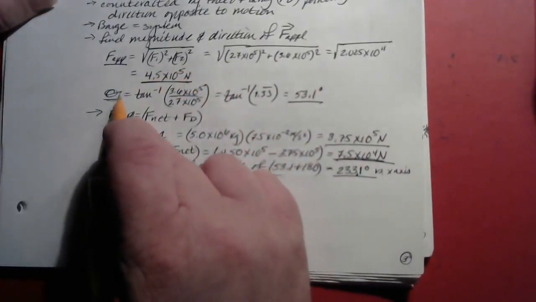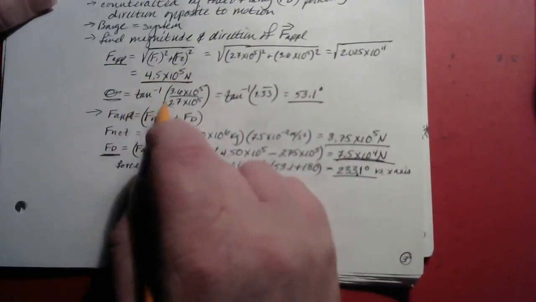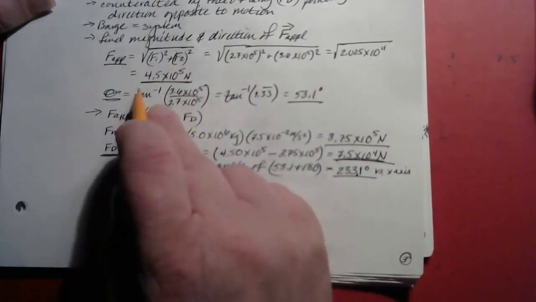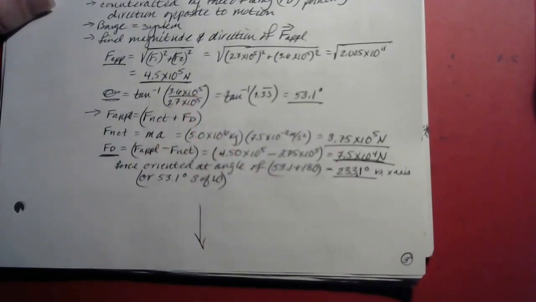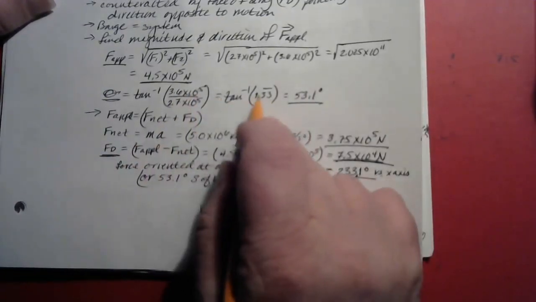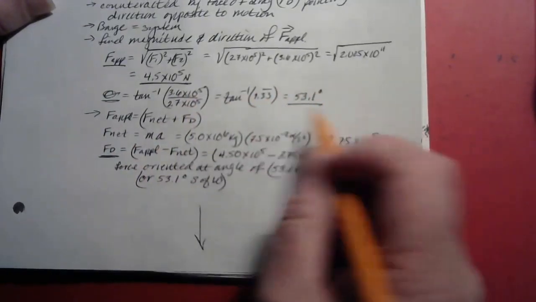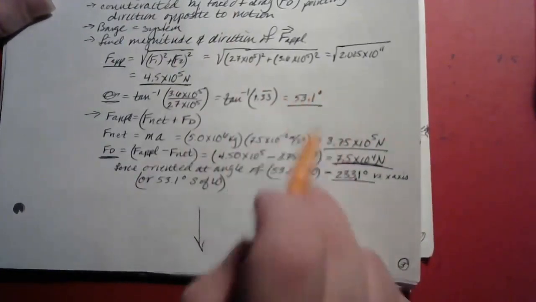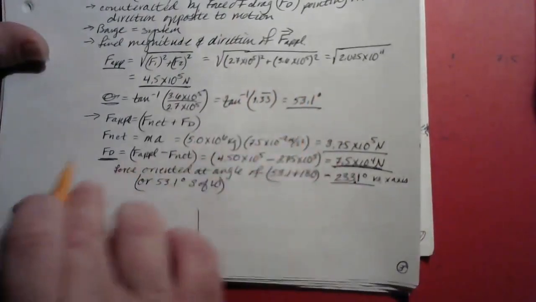The angle at which that force operates can be found from the inverse tangent of the y term over the x term. So that's the inverse tangent of 360,000 over 270,000, or the inverse tangent of 1.33 repeating, which is 53.1 degrees, which they told us in the diagram at the beginning. But if we didn't know that, we could figure it out from this. So we basically confirmed it here.